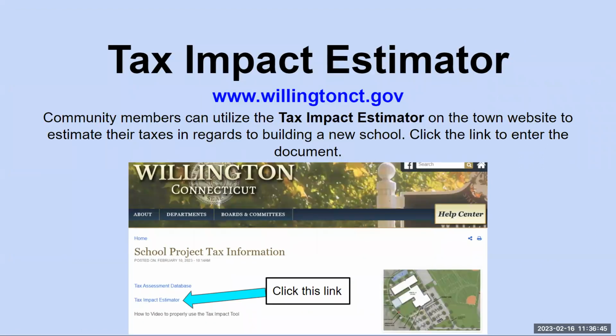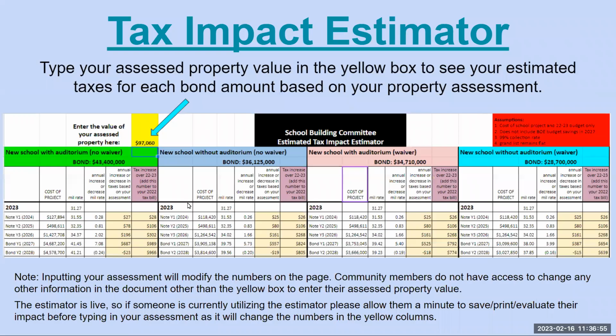You will then click back to the town website and enter the tax impact estimator. Click that link. It will bring you to the tax impact estimator. This is a screenshot of a portion of that estimator.